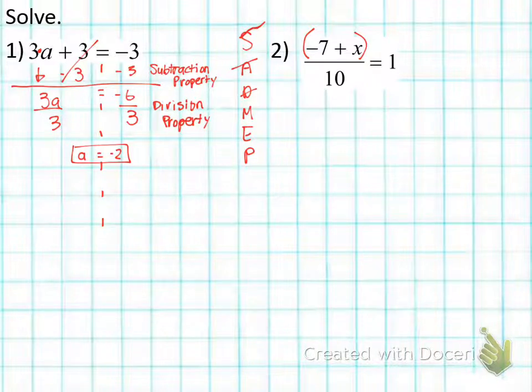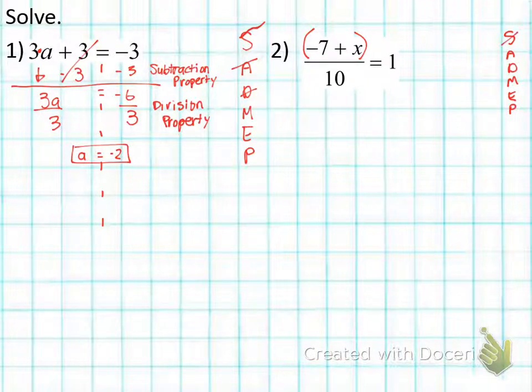Again, we write SADMAP on the side, backwards order of operations, to remind ourselves what order to go in. Are there any subtraction signs up here? Yeah, there's a negative 7, but what's wrong with negative 7? It's inside parentheses. And where are parentheses in SADMAP? At the end. So we don't want to touch it yet, and we can't deal with any subtraction signs.